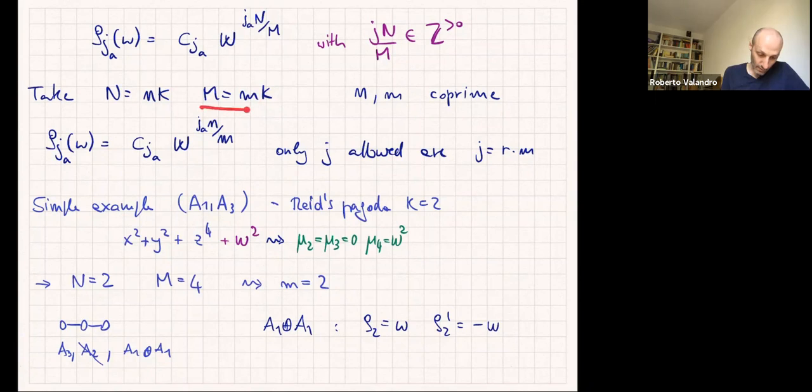We can write N and M this way, and this M that appears here is 2. Now, if we want this to be holomorphic, what we need is that this J is degree 1, because N over M for this is 1/2, and this must be 2.